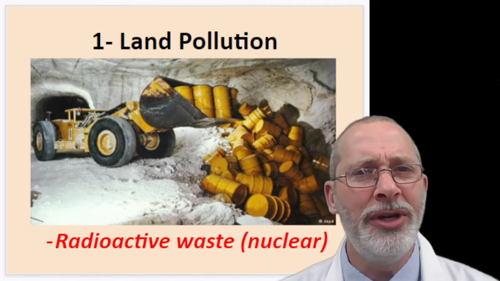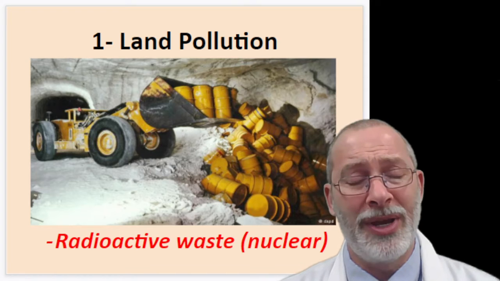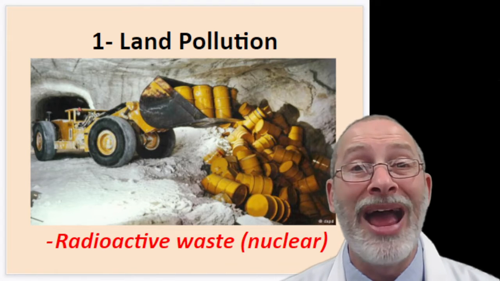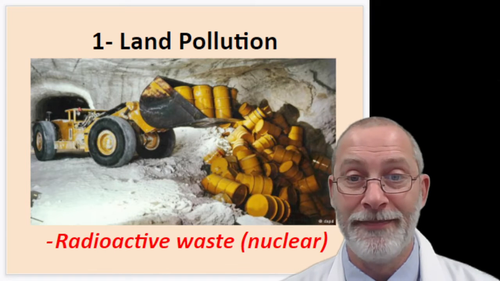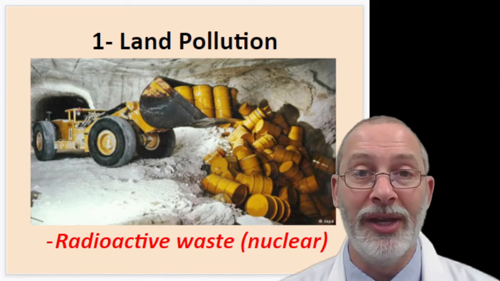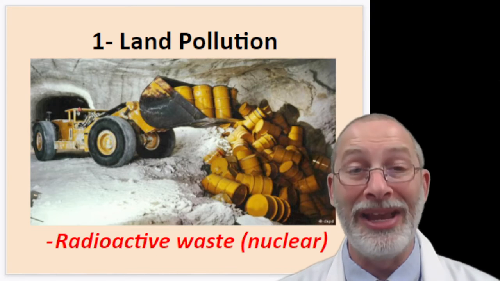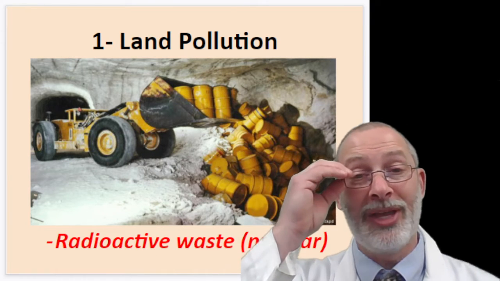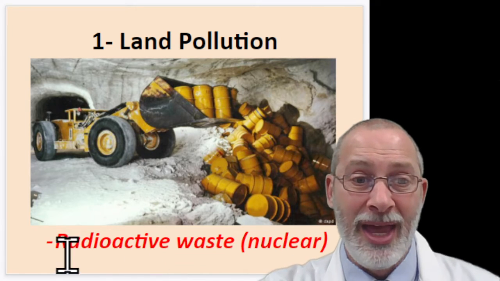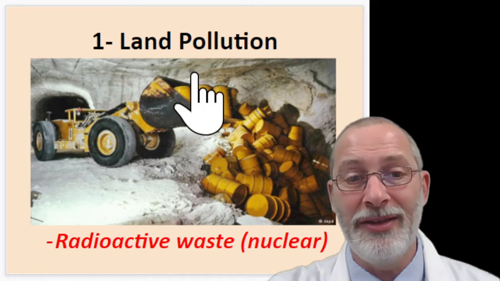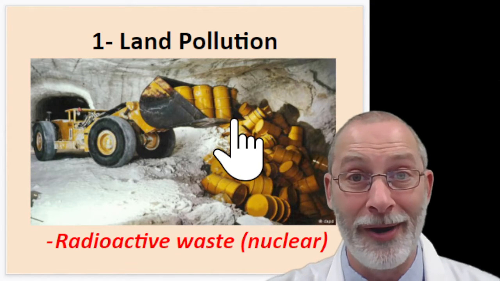And as you will learn in physical science, radioactive waste, depending upon what it is, can be around for literally millions of years. You can't get rid of it. It doesn't biodegrade, it decays radioactively. And you can't really speed up radioactive decay. And so this radioactive waste or nuclear waste has to be stored somewhere.